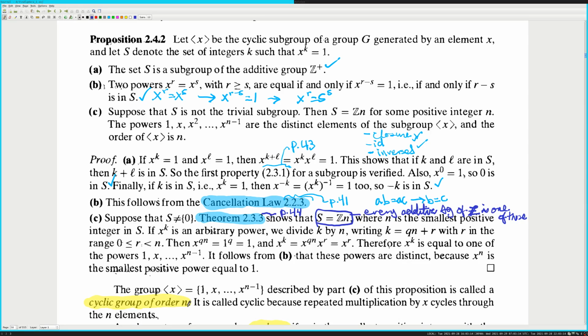Yeah, and this is the well-ordering principle. There's a hidden thing here, which I think is equivalent to the fact that you can do induction, which is called the well-ordering principle.